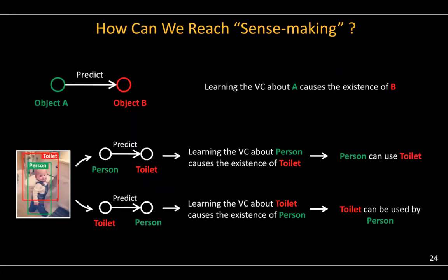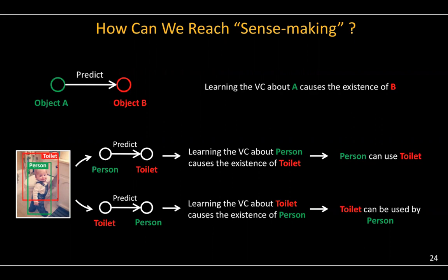So what can we predict, making common sense in computer vision, is that we want to predict one object based on object A, because the existence of A causes the existence of B. So if we can observe object A, then we know the probability of observing object B is high.